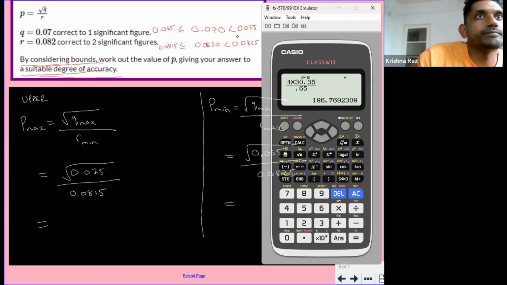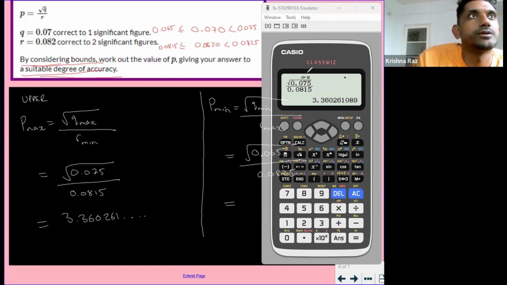And which are square root 0.075 all over 0.0815 gives me 3.36. I'm going to write a few decimals in, you'll see why in a minute. And then I need to do the minimum as well.